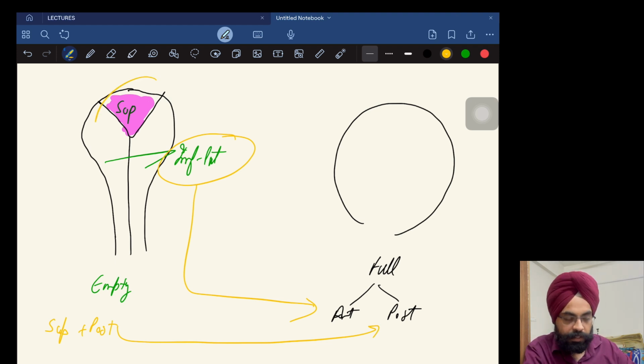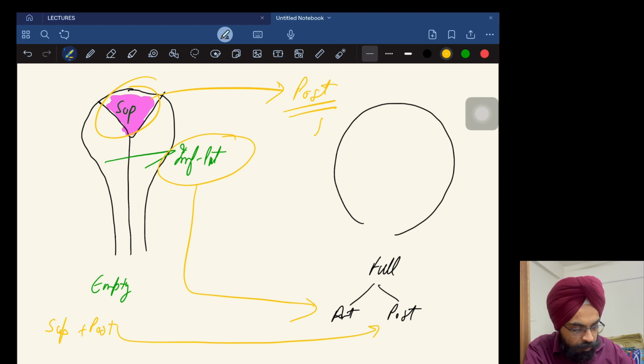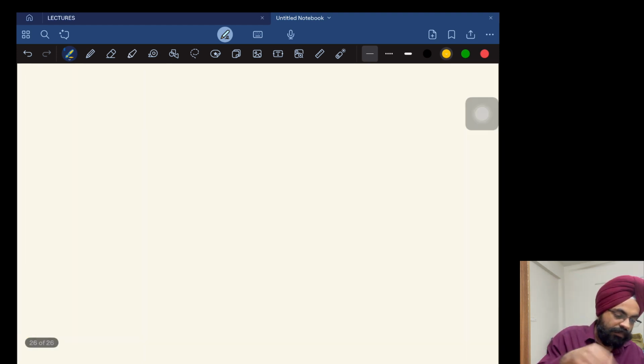So the peritoneum that was present in an empty bladder on superior surface is now present on posterior surface, and that is the basis of SPC. Let us have a look what is SPC.